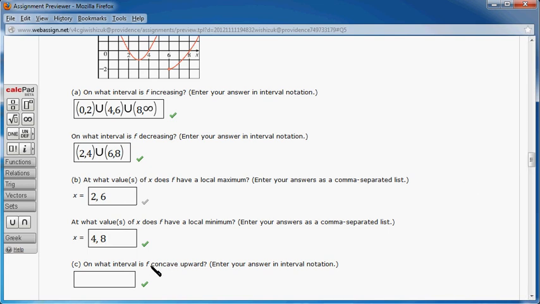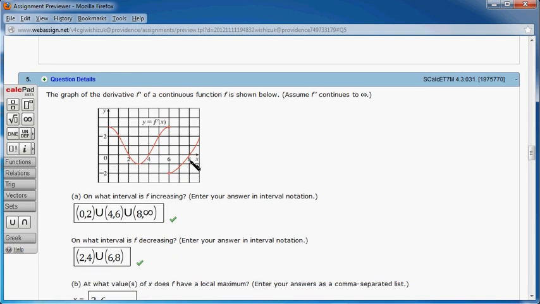And then part C. On what interval is f concave up? If f is concave up, that means the second derivative is positive, which means the first derivative is increasing. So we're looking for the graph where it's increasing. Here you can see that between 3 and 6 it's increasing, and also 6 and probably to infinity.